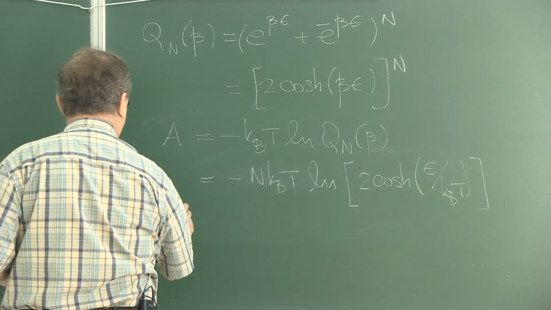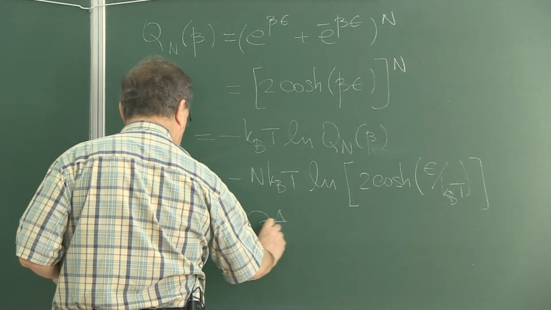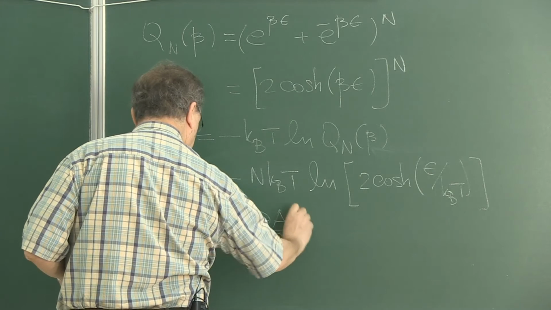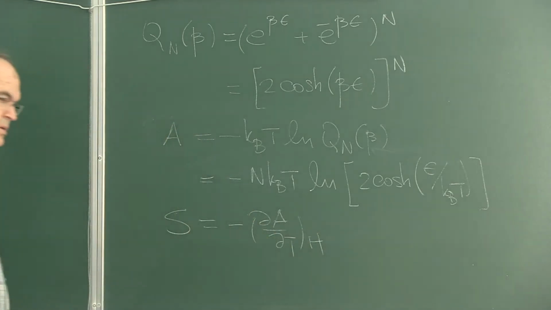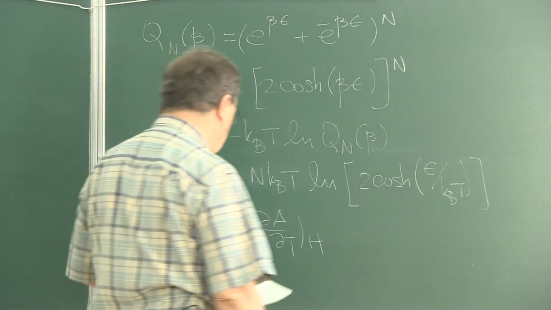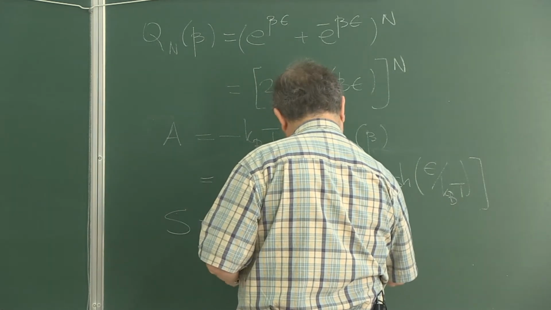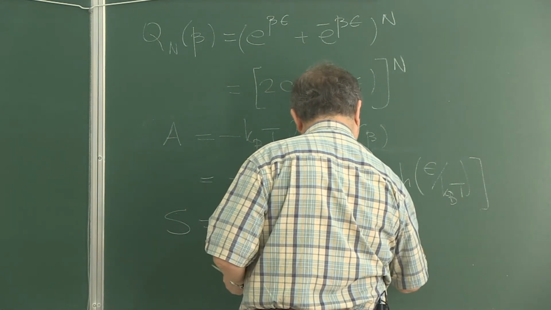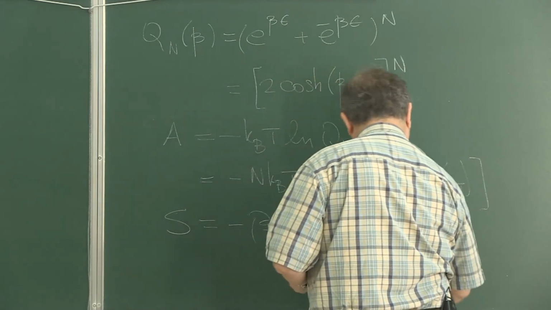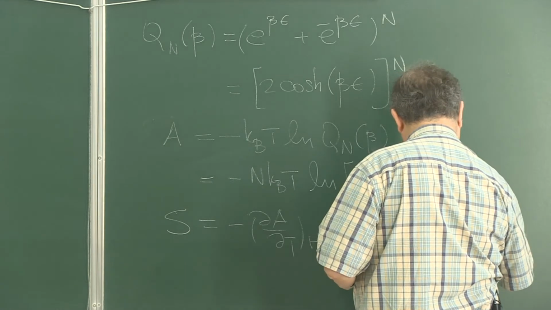If you know the Helmholtz free energy, you can get entropy as minus del A del T, keeping H constant. I have done this thermodynamics before, so you can easily follow the same recipe. That is N kB ln 2 cosh, and so on.